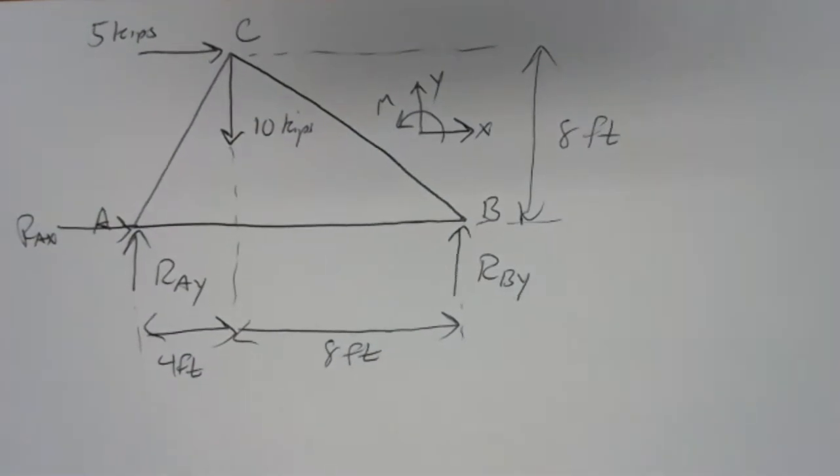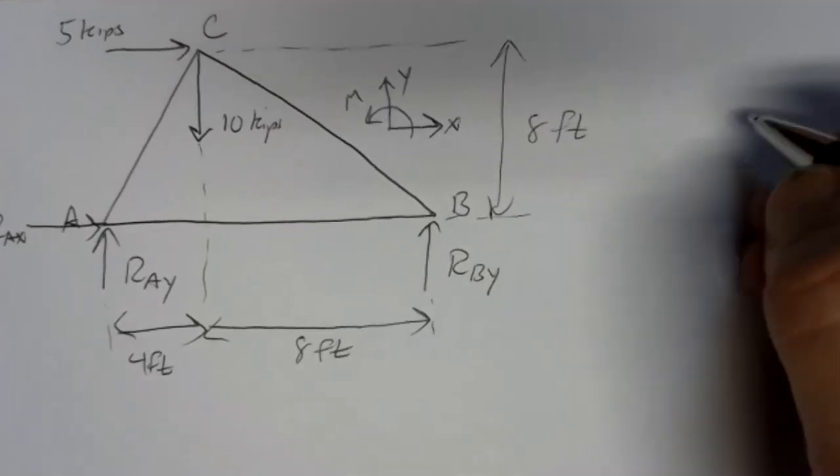So just like the beam on supports problem, to solve the external problem, we find our sum of forces in the X and Y direction, and we find our sum of moments about a point. We should end up with at least one of those equations that we can solve directly, and then we can go back and solve to find the others. So let's set up our equations.